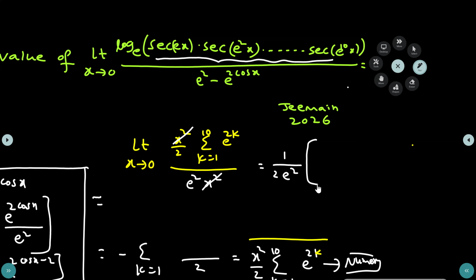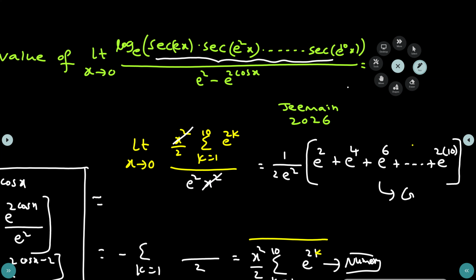Already it is outside. Now expand sigma k equal to 1 to 10: e square, e power 4, e power 6, and so on up to e power 2 into 10. Now this is a GP series.